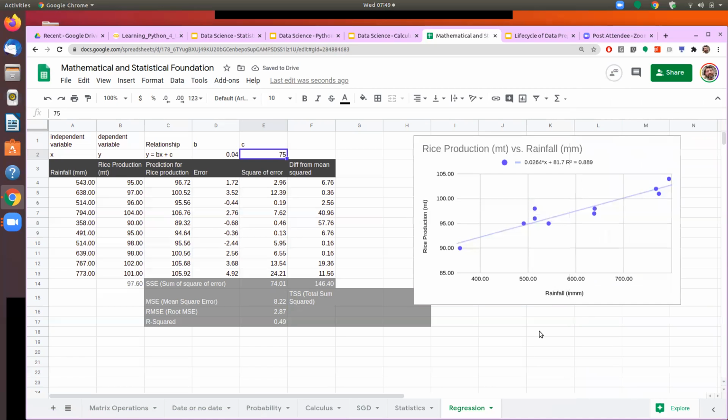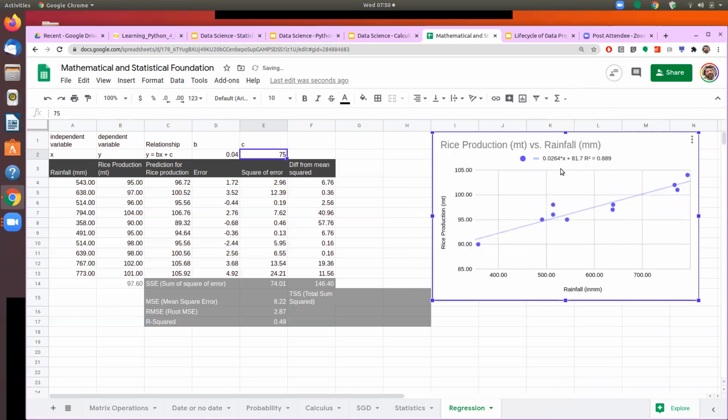Okay. So if you see on the top in Excel also, I have got what is called the line of the best fit. So the value of the X, if you see, it is showing here. X is multiplied by 0.0264, which is the value of the B, plus 81.7, which is the value of the C. And with this, you get the R square of 0.889. Let's see here.